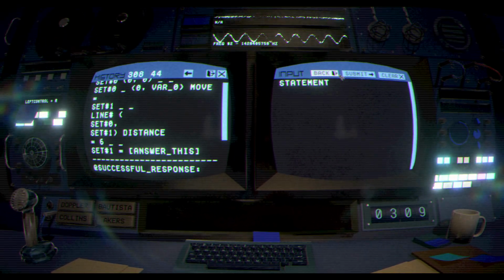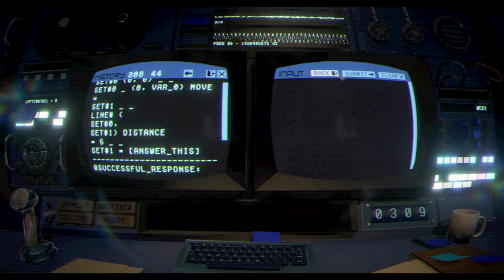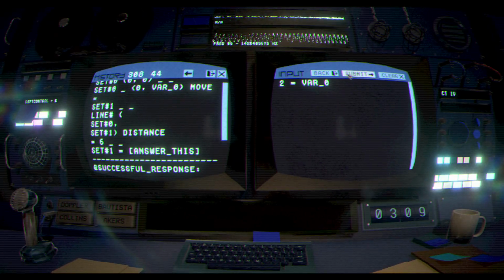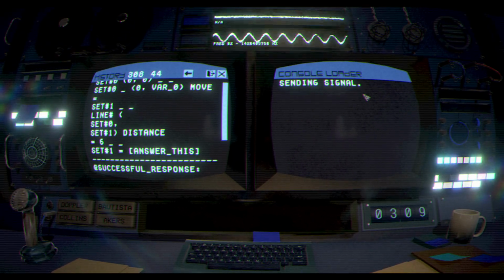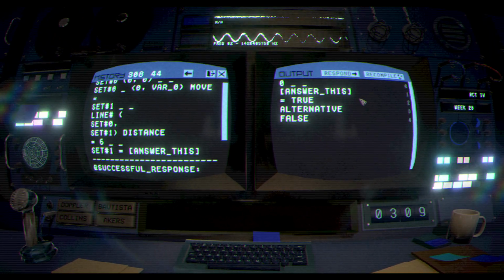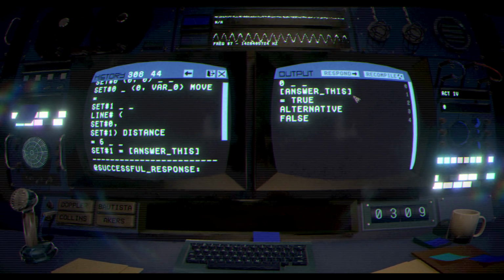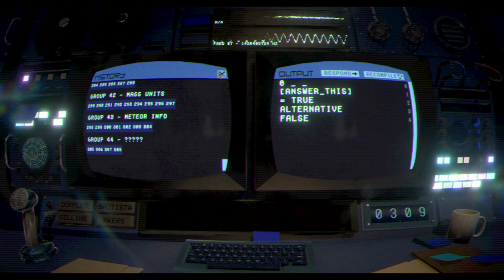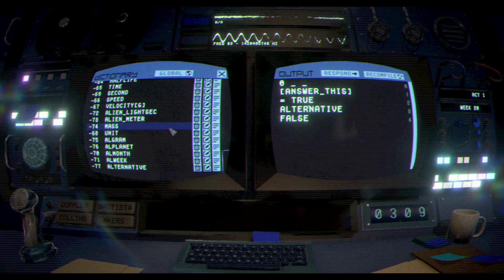Can we say 2 equals bar 0, something like this? No. Can we say it's not a statement? What else do we have that can be either true or false?